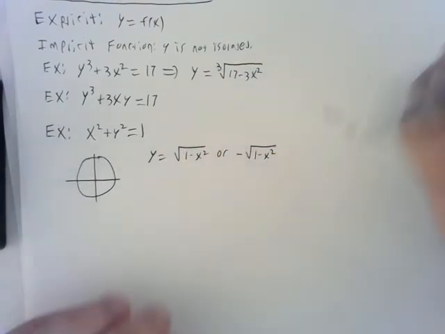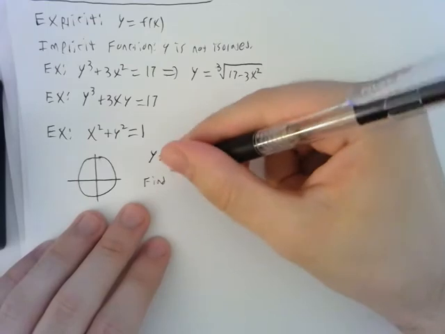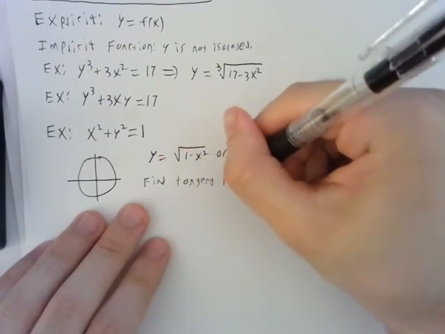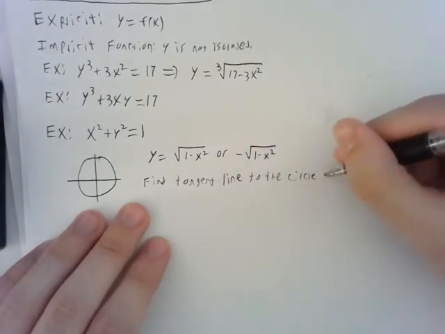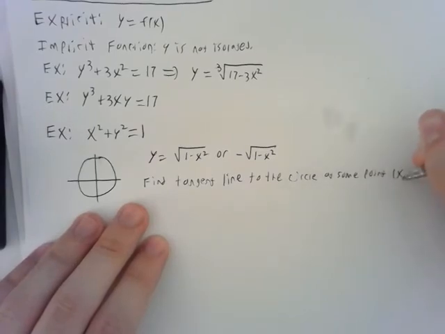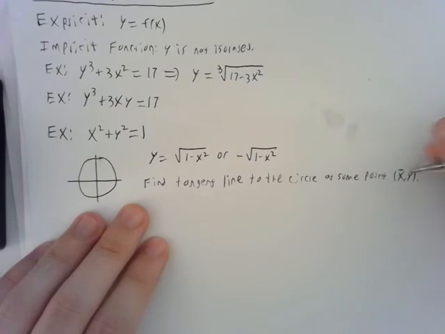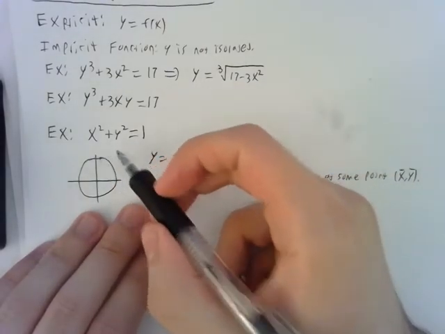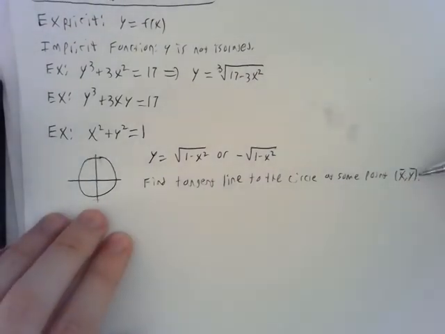Let's say, for example, that we want to find the tangent line to the circle at some point x bar, y bar. Let me put bars overhead to distinguish it from the x and y that appear as variables in the equation. These are just fixed numbers that would be given to you.